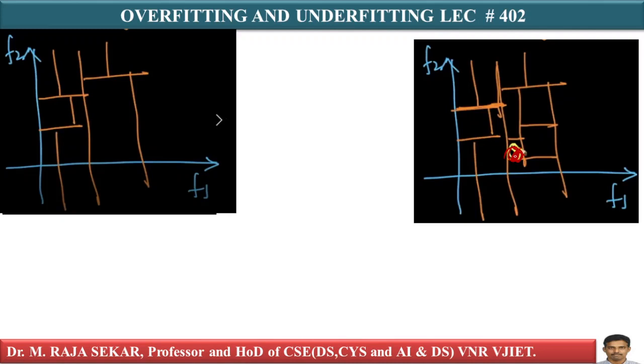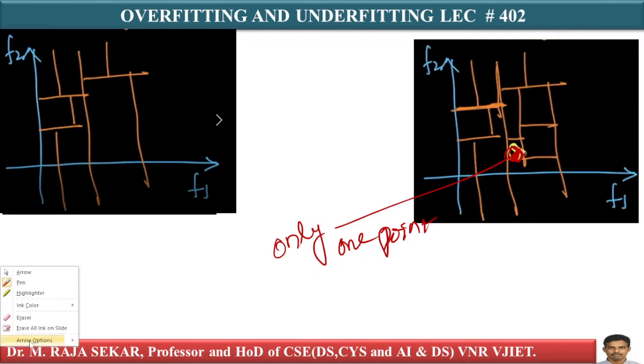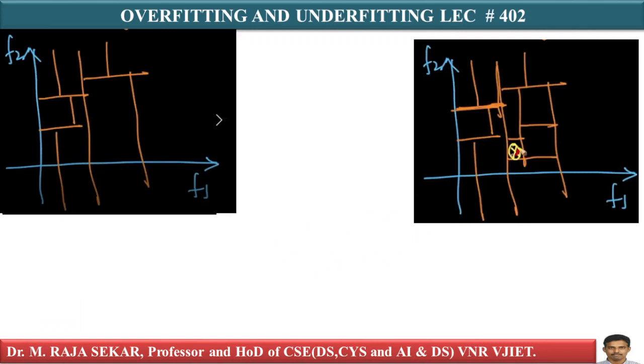Then I have only one point here, only one point, isn't it? Whenever a query point falls in this region, I am only using one data point to determine its class.